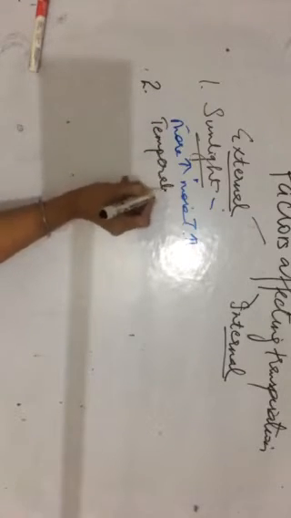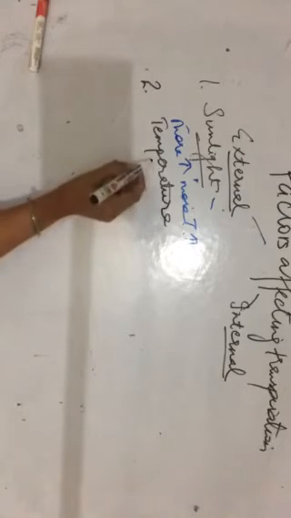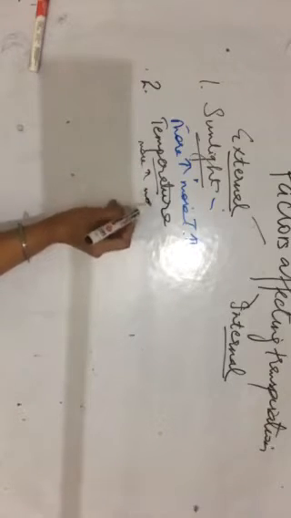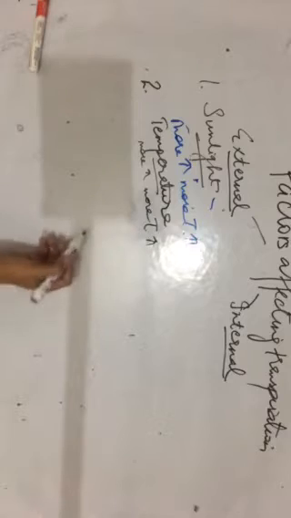So obviously if the outside temperature is more, water will tend to go outside. More water will go outside. Why? Because temperature more means plants need to cool down, right? So excess water will be released, that is transpiration. More the temperature, more is the transpiration.